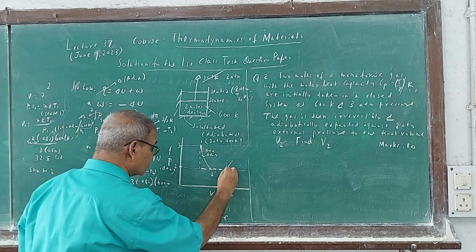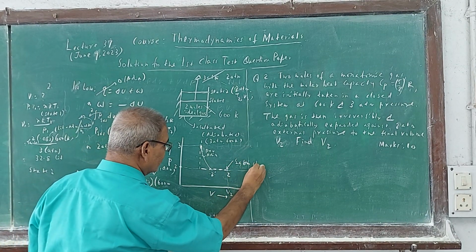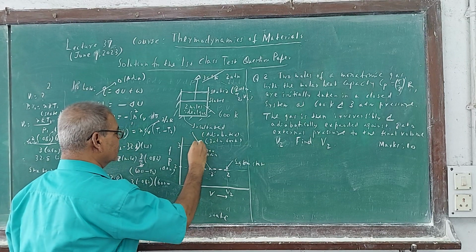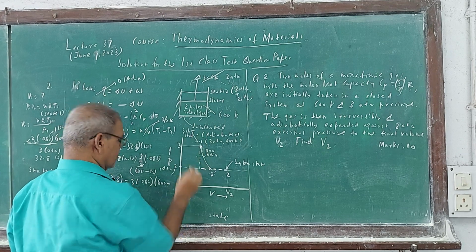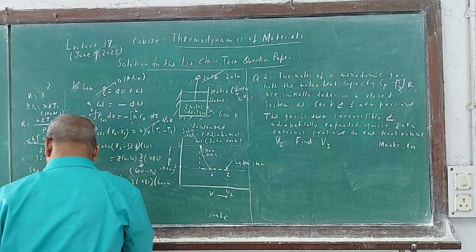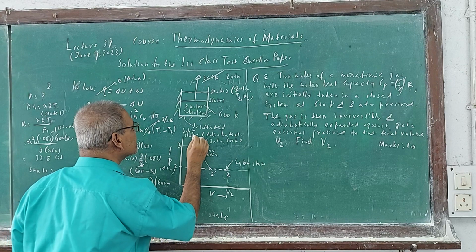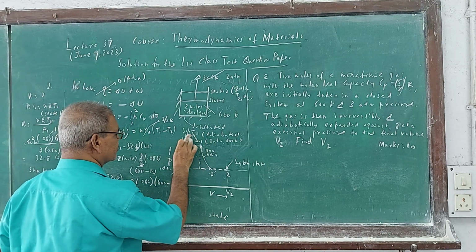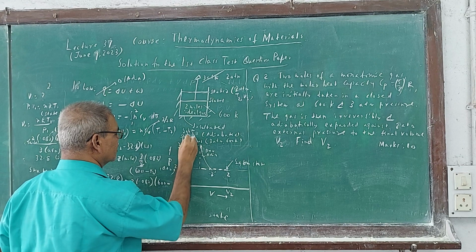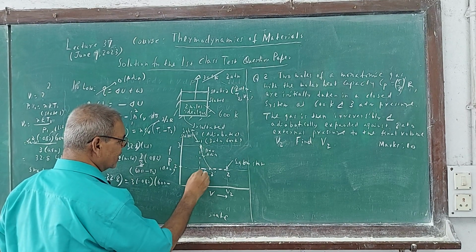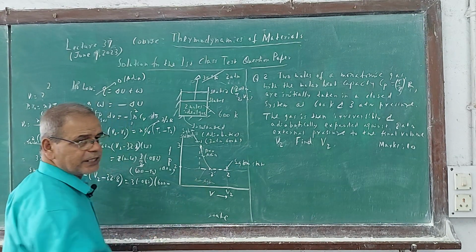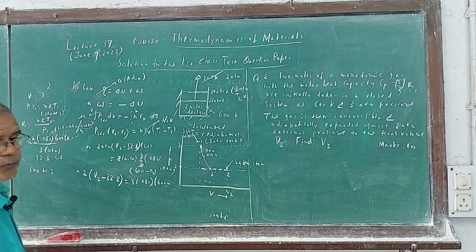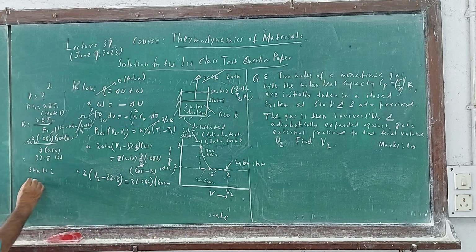State 1 is the equilibrium state, but the intermediate states are non-equilibrium states. So what is T2? For the final state, P2 V2 equals nR T2.